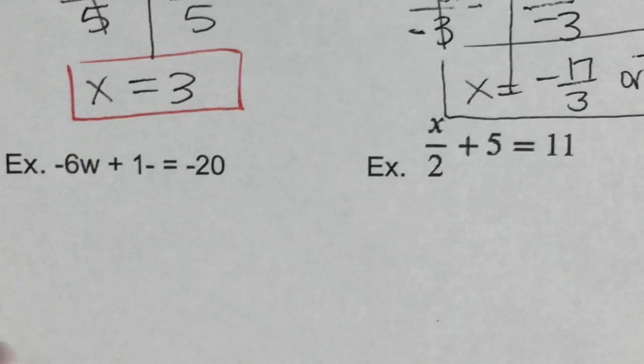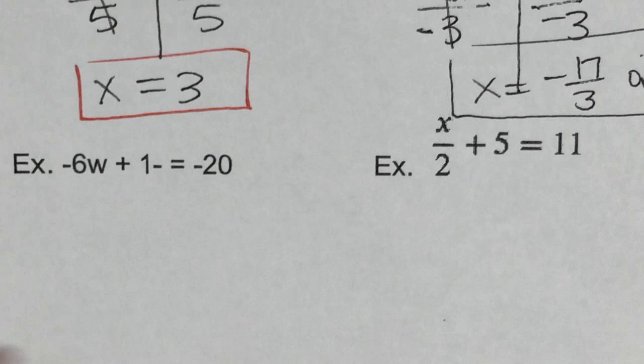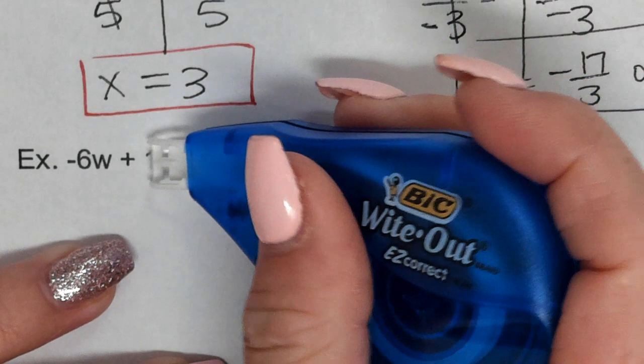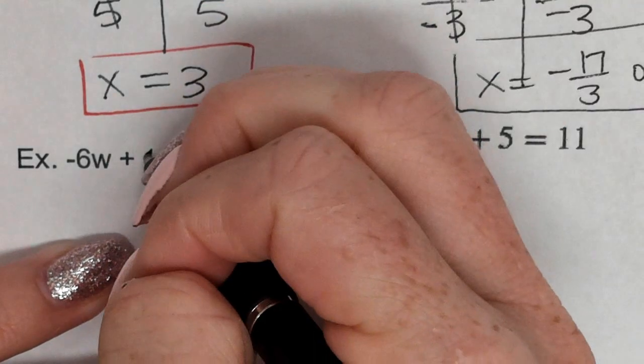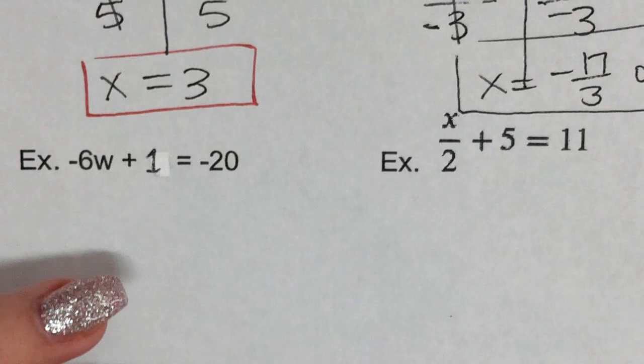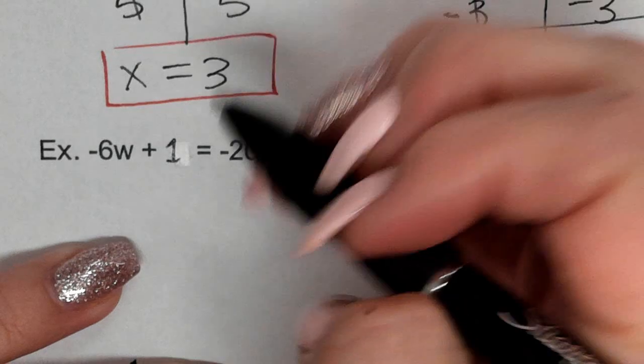Now, there's a typo on the next one, so just be mindful that minus sign after the 1. I think my finger accidentally hit it. So it should say plus 1, okay? All right, y'all try this one on your own.